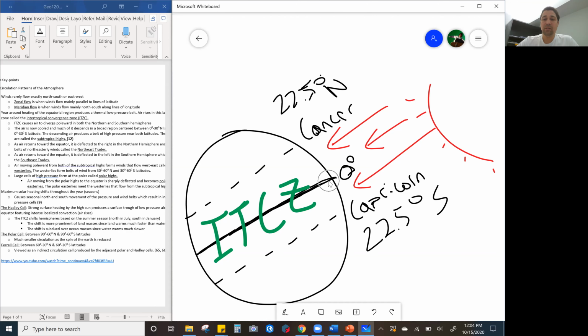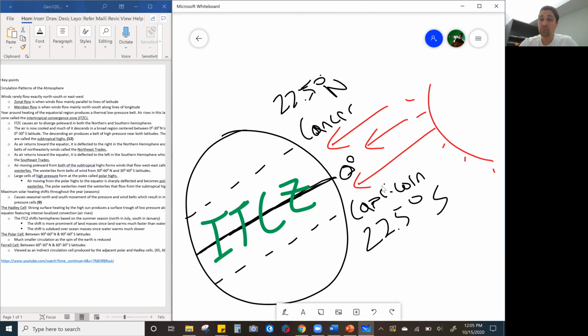If this is our equator, think about it like this: between the Tropic of Cancer, in the northern hemisphere at 22 and a half degrees north, and the Tropic of Capricorn, which is 22 and a half degrees south. So these two tropics.